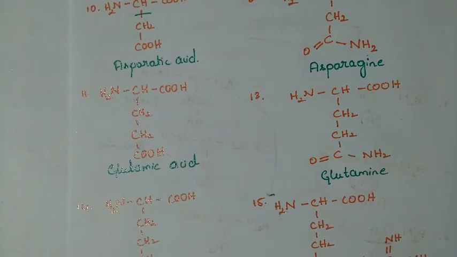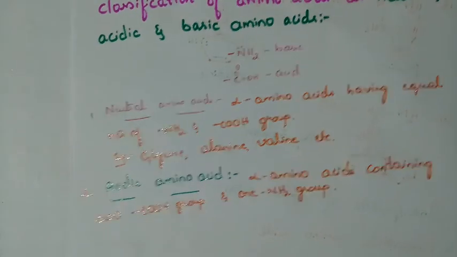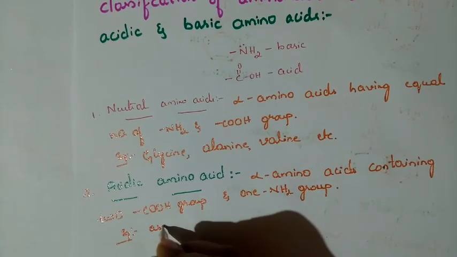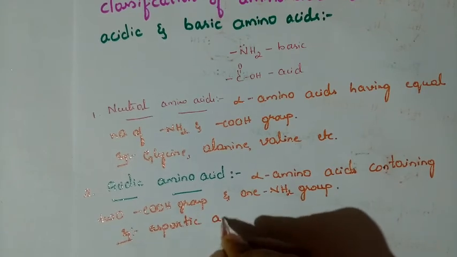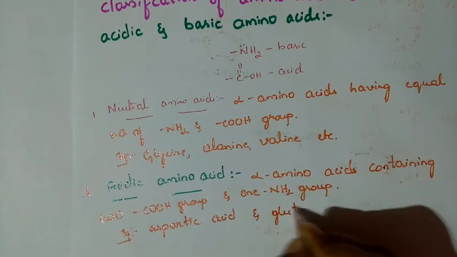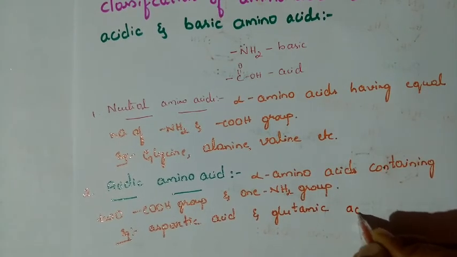Likewise asparagine. These are a few examples for acidic amino acids. We'll write the examples: aspartic acid and glutamic acid.